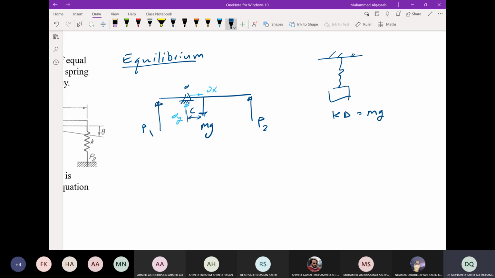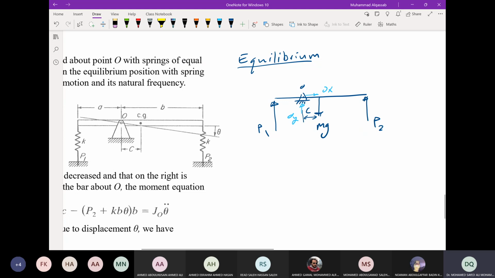So here we are trying to do the same thing. And whether you assume that the springs are under tension or compression, or that one is under tension and the other is under compression, it will not matter, because the equilibrium equation will always be satisfied, and it will cancel out and be eliminated from the vibration equation.